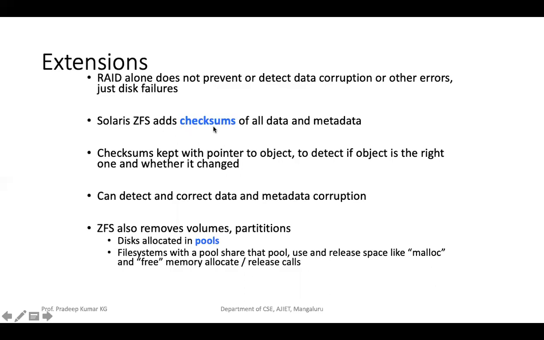These checksums will have a pointer to an object. What will that object have? It will detect if the object is the right one and whether it has changed. So whether you have a correct copy of the data or whether there is any alteration with the data, it will just monitor in detail, point by point.